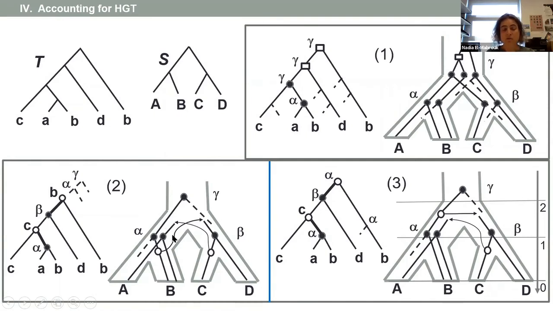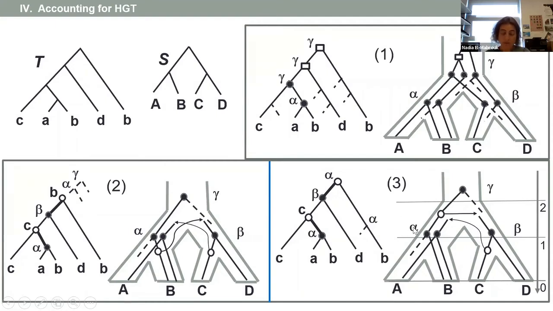As you see, this scenario is cyclic, so it is undoable. This is cyclic, not acyclic. So this is a cyclic scenario with 2 horizontal gene transfers. And here is an alternative acyclic DTL scenario, also with 2 horizontal gene transfers.